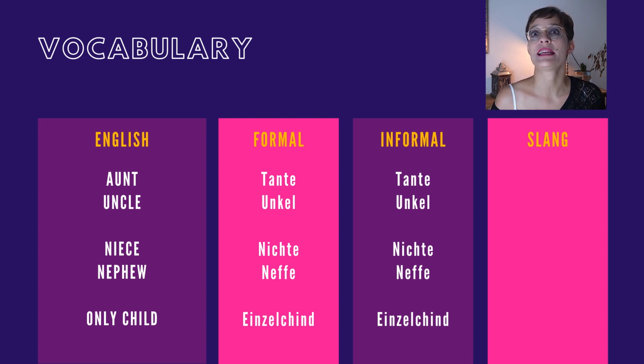Then the uncle is Onkel. Quite similar sometimes, isn't it? Swiss German to English. So we have the niece and the nephew. Niece is Nichte, nephew is Neffe. So similar. And then if you're an only child, you would say Einzelkind, because Einzel means only. Einzelkind, Kind is child.